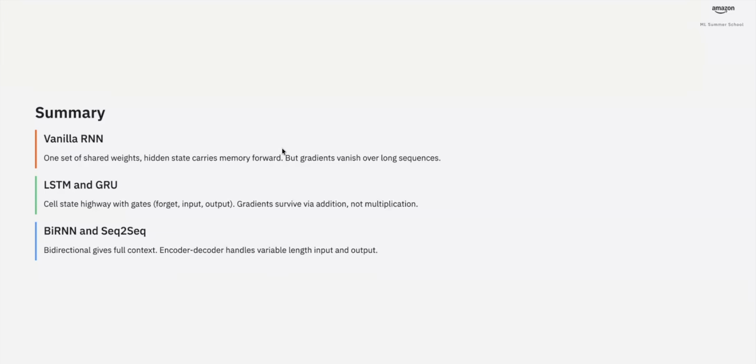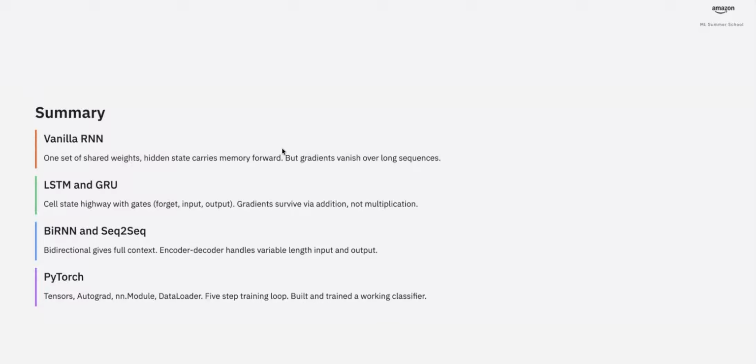And finally, we have PyTorch, the four building blocks that are tensors, autograd, nn.Module, and DataLoader. Every model you will ever build in PyTorch uses all four of them. The training loop has exactly 5 steps: zero gradients, forward pass, compute loss, backward pass, and optimizer step.